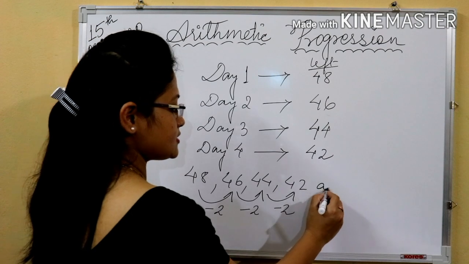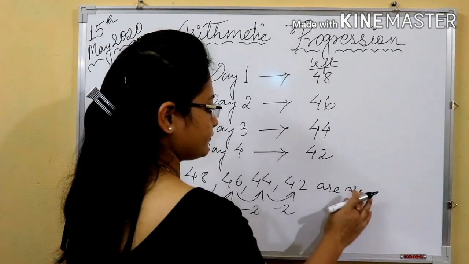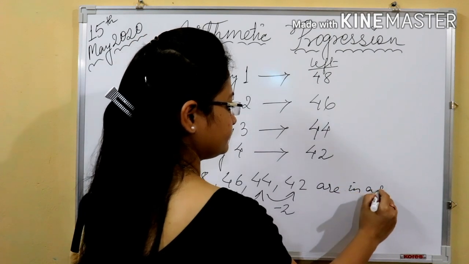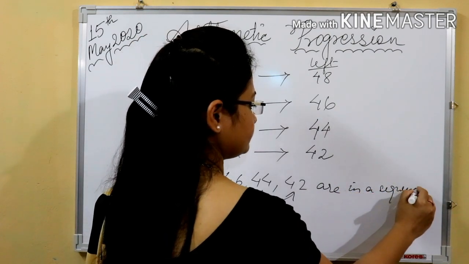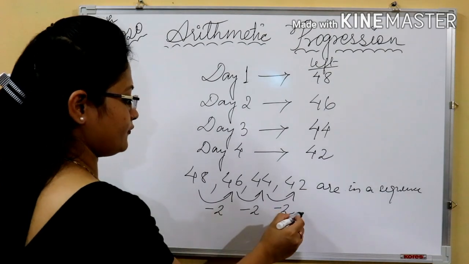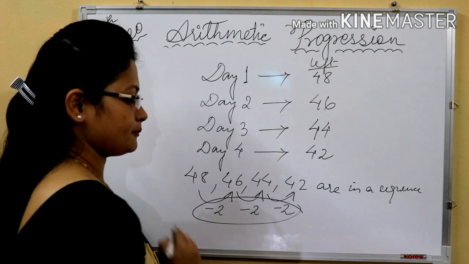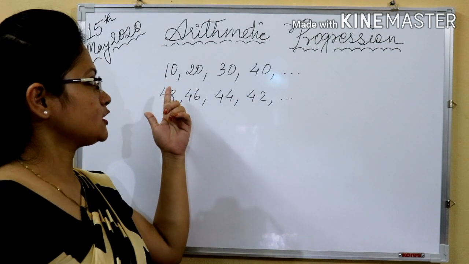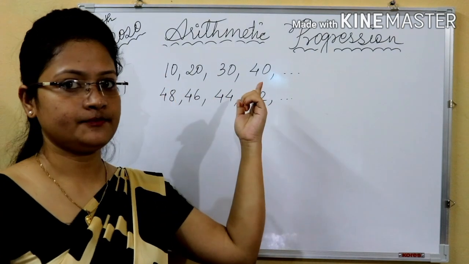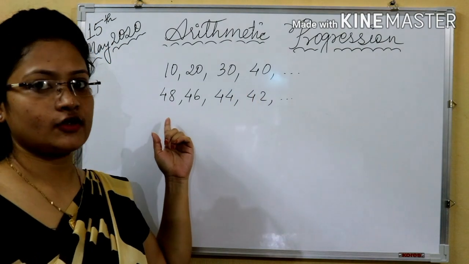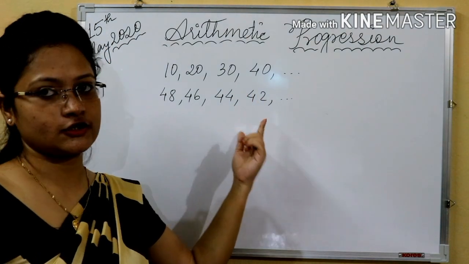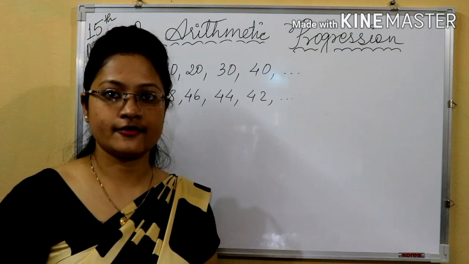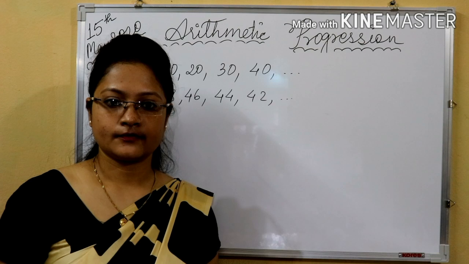So they are in a sequence with a fixed term, that is minus 2. We got two sequences here. The first sequence we got is 10, 20, 30, 40, and the second sequence we got is 48, 46, 44, 42. So if we look carefully, the sequences of numbers have a fixed pattern.